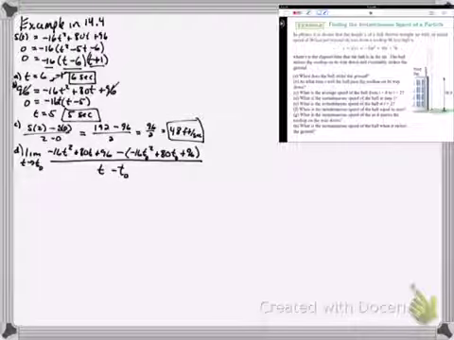Alright, so we need to start simplifying things. One thing I'm going to do is distribute that negative, and group like terms together.